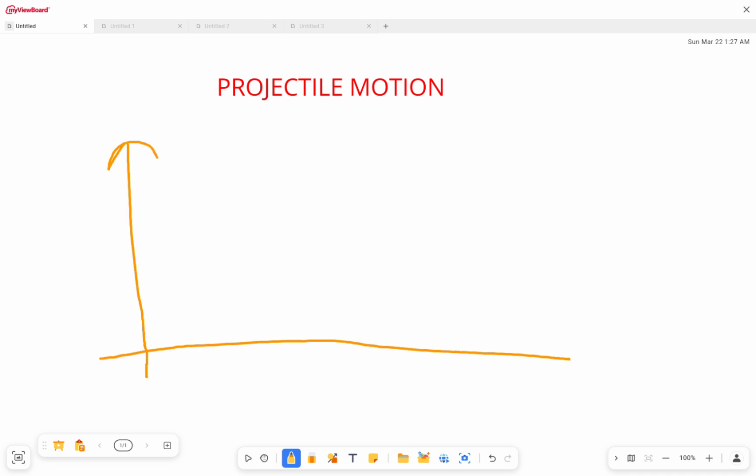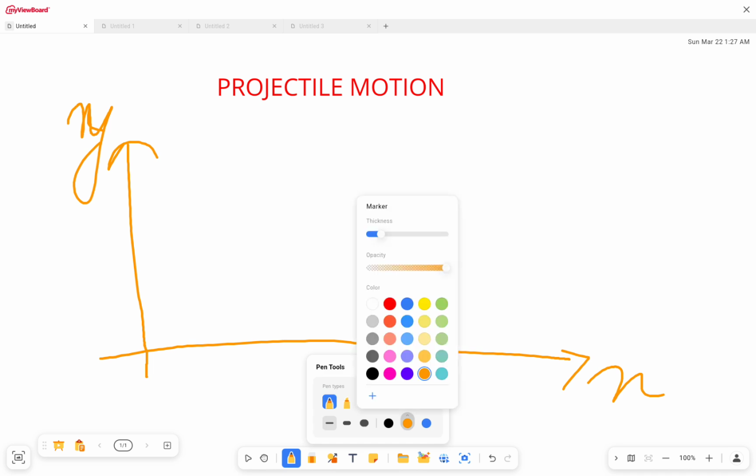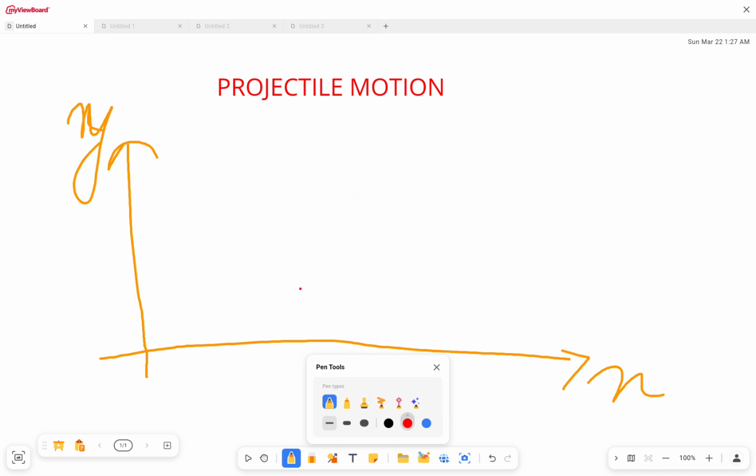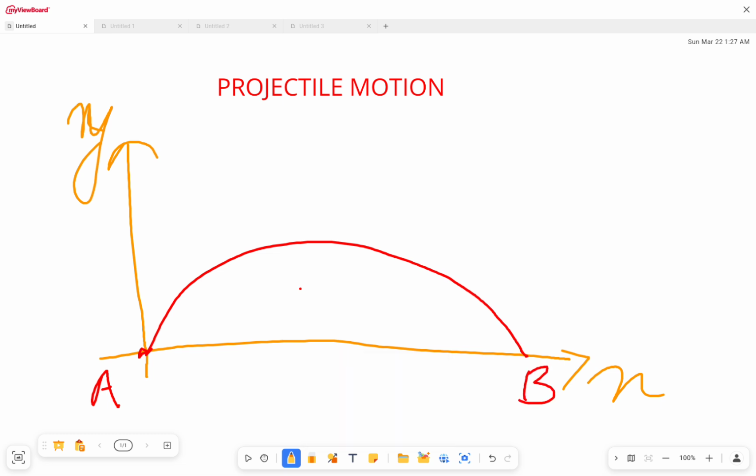Suppose this is an XY plane, and if we throw a stone from point A to point B, this curved path which the stone takes, and the type of motion the stone is having during this curved trajectory, is called projectile motion.